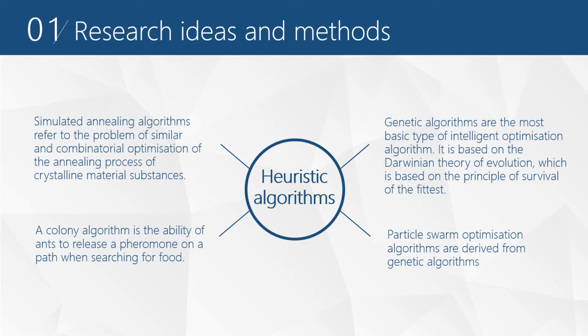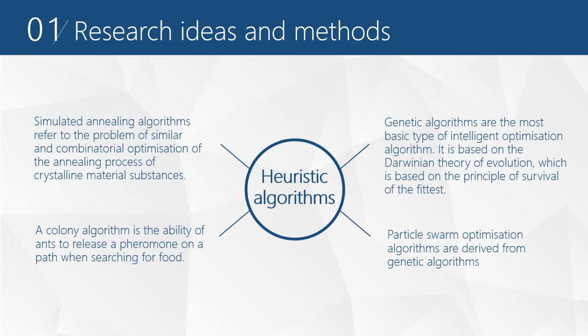The first one, the simulated annealing algorithm, refers to the combinatorial optimization analogue of the annealing process of solid substances. The second is the ant colony algorithm, which is based on the ability of ants to release a pheromone on a path when searching for food.